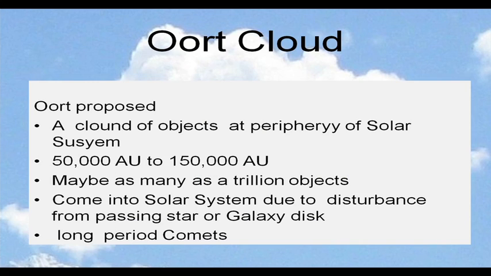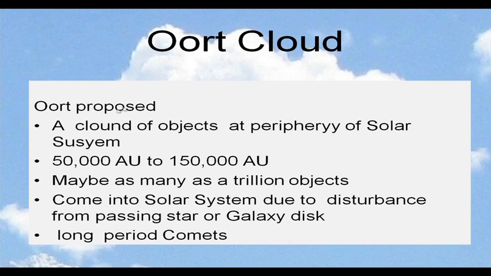The Dutch astronomer Oort, a very famous astronomer who contributed very significantly to astrophysics in the 20th century, proposed that there is a cloud of objects at the periphery of the solar system. The distances could be between 50,000 astronomical units and 150,000 astronomical units.